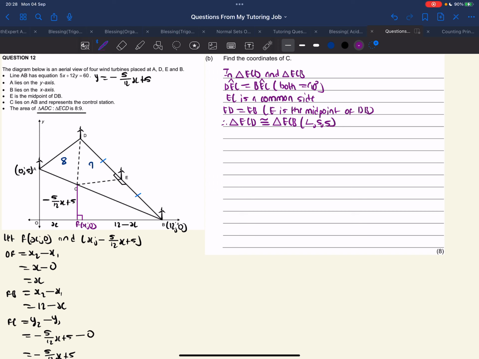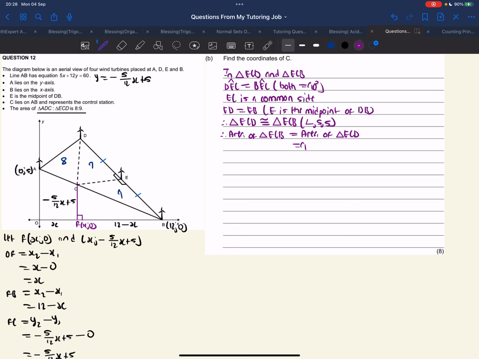Now if that's going to be, then that means that therefore also area of triangle ECB is actually going to be equal to area of triangle ECD, which is actually 9. So that area there is actually 9.